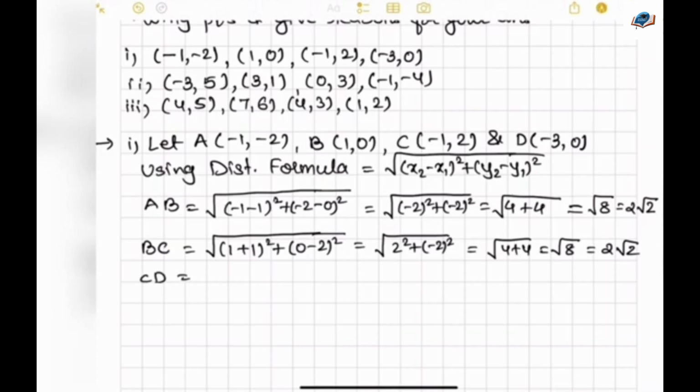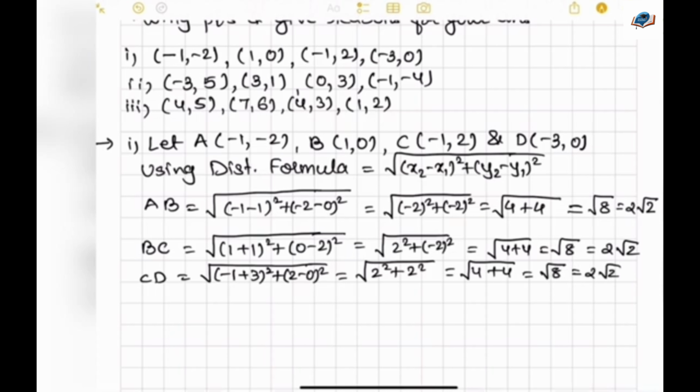Now same way CD. CD will be root of (-1 minus of minus 3), so plus 3 whole square, plus (2 minus 0) whole square. So that will be 2 square plus 2 square. So 4 plus 4, so that is root 8, that is 2 root 2.